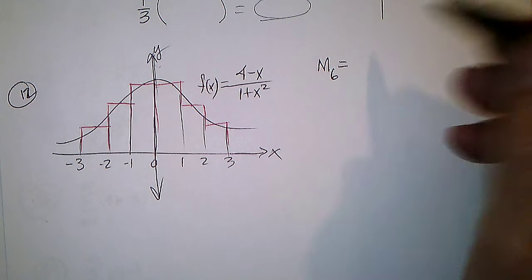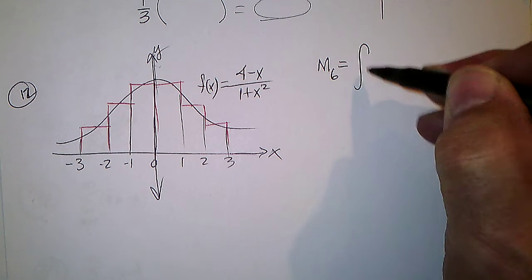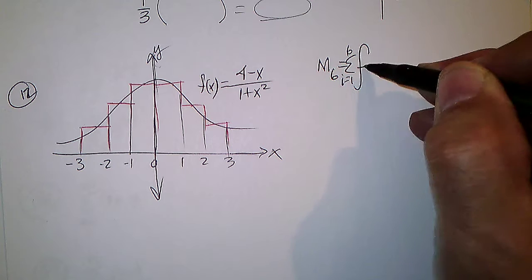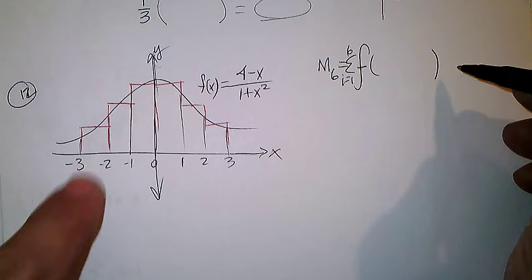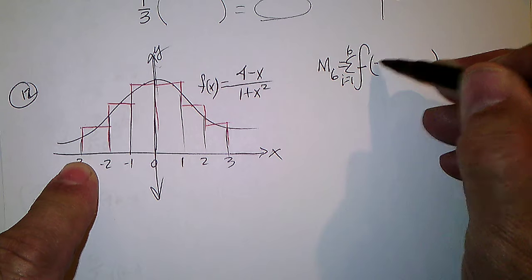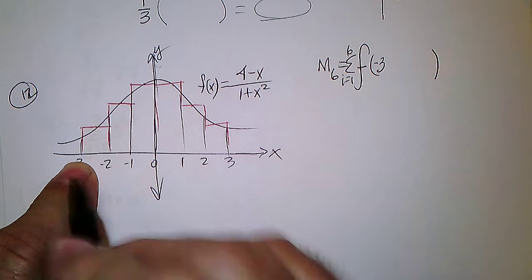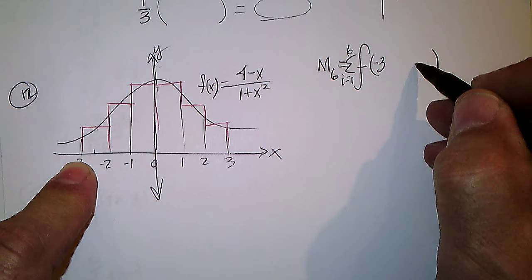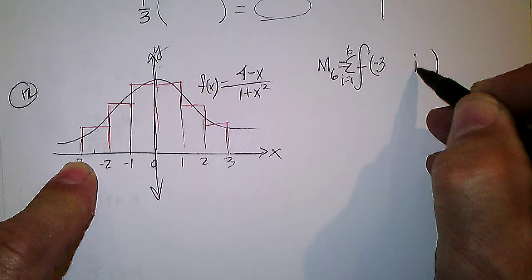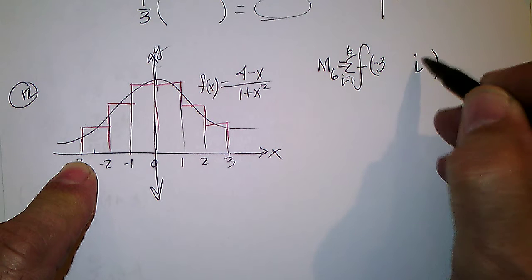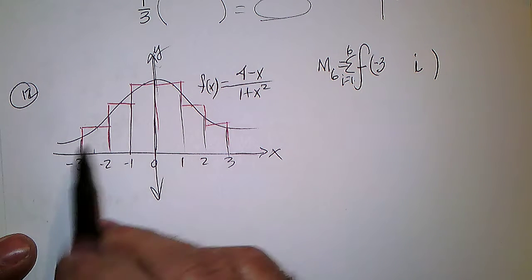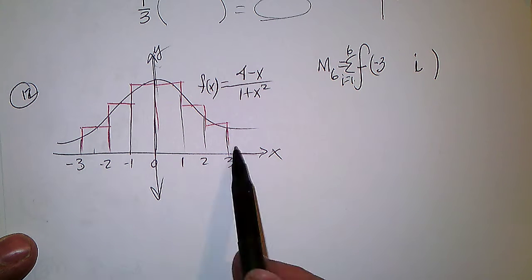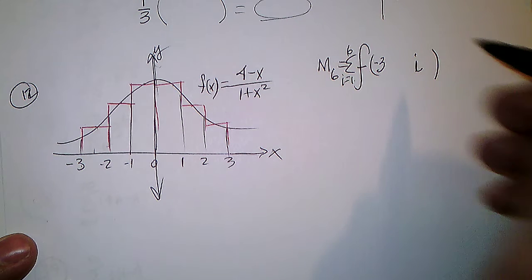And so that's going to be the sum from I equal 1 to 6, f of, well, I have the starting side, -3, but I need to put the midpoint into the equation. And if I add 1, it's going to start at 1 of the delta x's. Now, what is delta x? I go from -3 to 3, which is 6, divided by 6. Each one of these is 1 wide.